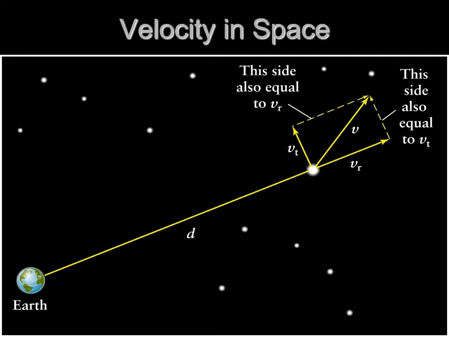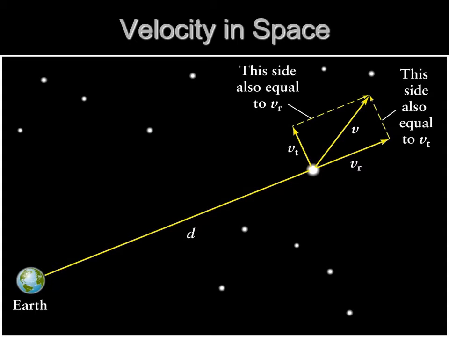Now, if you want to know what angle it is moving at, that comes from trigonometry. The angle that it's moving is the arctangent, so that's the inverse tangent of the tangential velocity, the side-to-side motion, divided by the radial velocity.